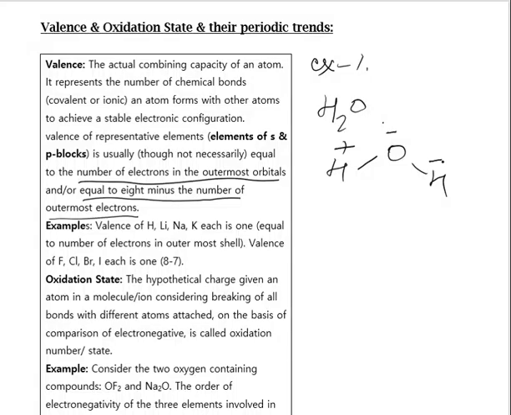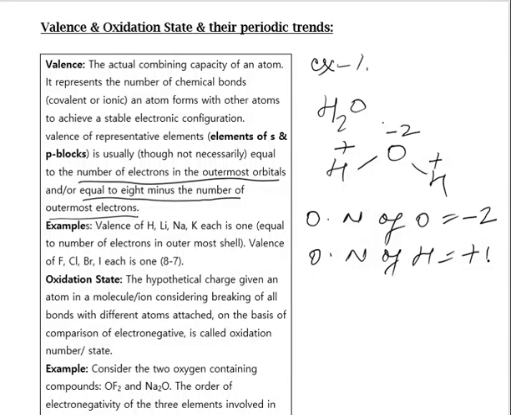So the oxidation number of oxygen is minus 2, and the oxidation number of each hydrogen is plus 1.